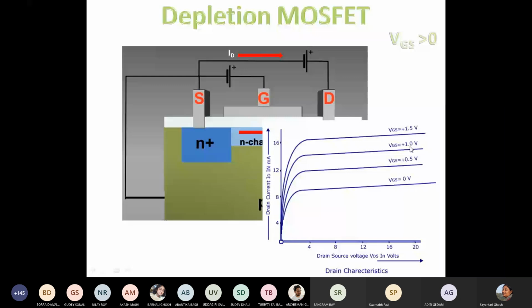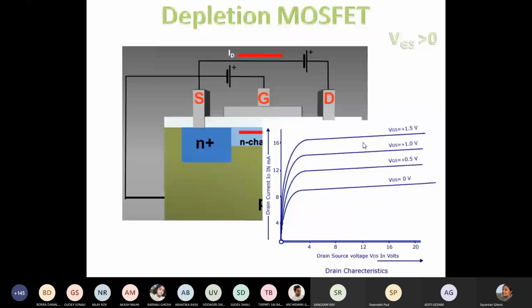So for the positive values of VGS, this battery signifies this VGS value. You have more current than what we had in case of VGS equal to 0 volt. The pinch off occurs because of this other source VDS and the depletion region forming and choking the channel. That part is the same, so the pinch off is occurring, saturation is occurring, but it occurs for current values which are higher than what we had in case of VGS equal to 0 volt.